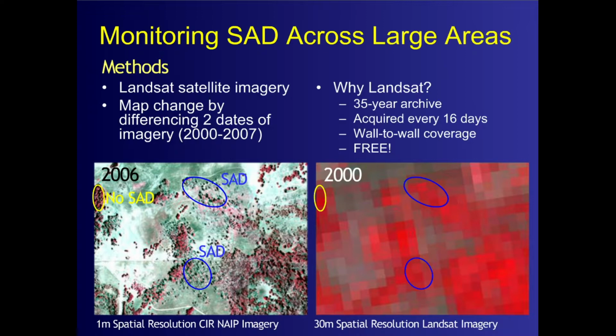And on the right, I have Landsat satellite imagery displayed for 2000. And the one drawback of Landsat imagery is the resolution is fairly coarse. This is 30 meter pixel size, and you can see that much of the detail that you can see in the NAIP imagery is lost.